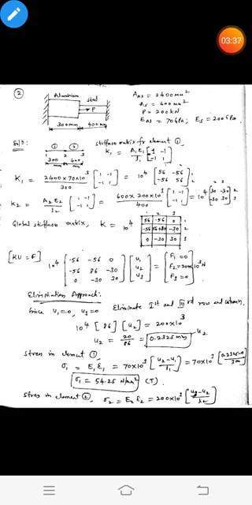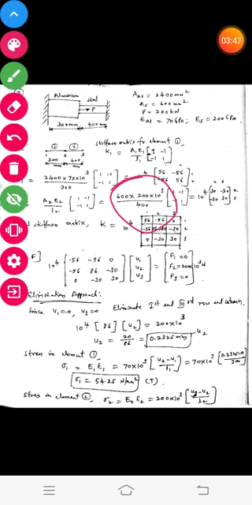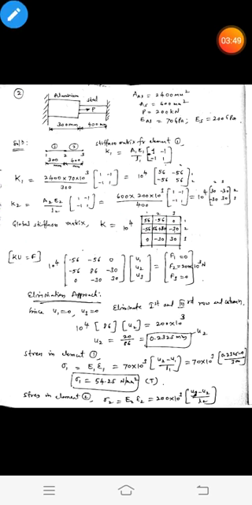Now after the calculation of this term we got 30 into 10⁻⁴, taking 10⁻⁴ outside, the same common as in element 1, and inside will be 30, minus 30, minus 30, 30. For reference, you write the DOF numbers for element 2, that is 2, 3 and 2, 3.